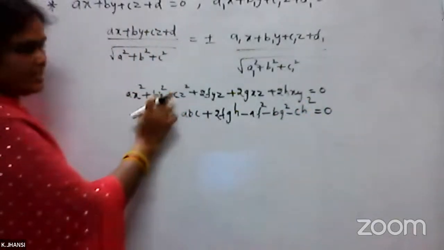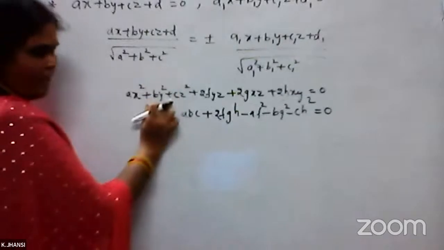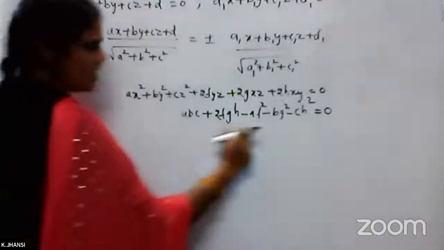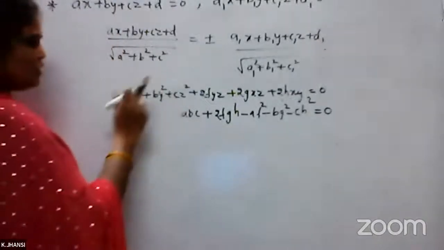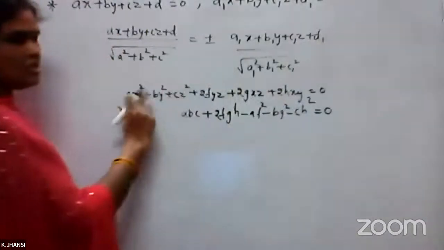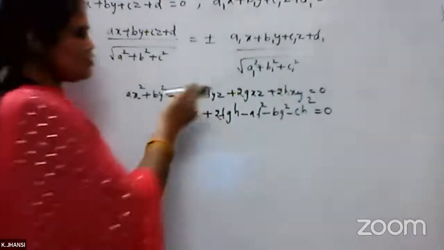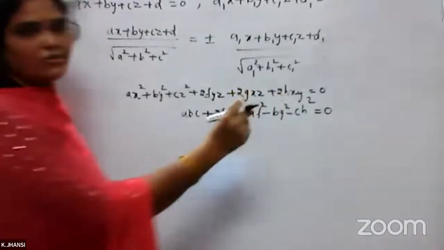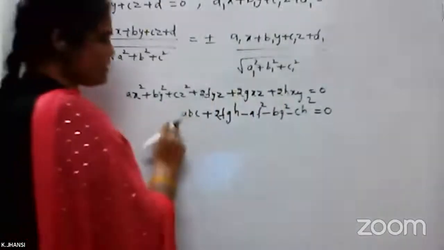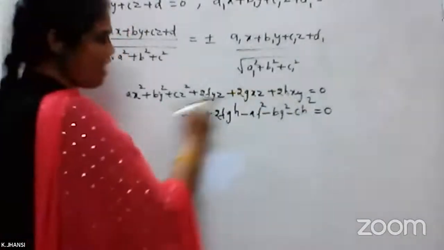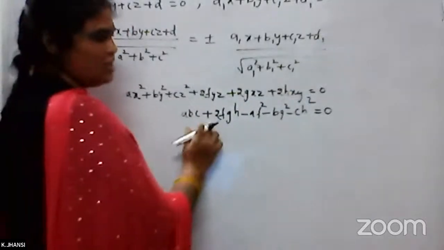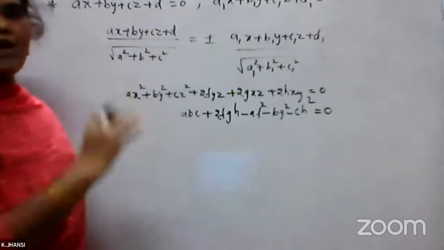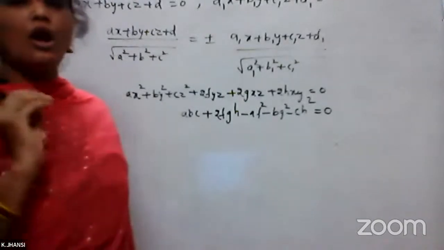To represent this equation as a pair of planes passing through the origin, this condition must be satisfied. The equation will be mentioned in the question, so from the question you have to see what the values of a, b, c, f, g, h are. After finding those values, substitute them in this equation. If you get 0, then the pair of planes passes through the origin.